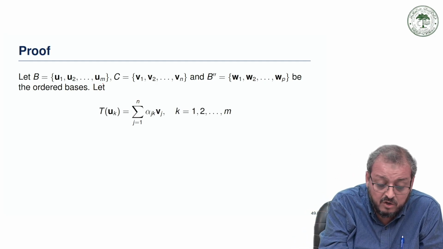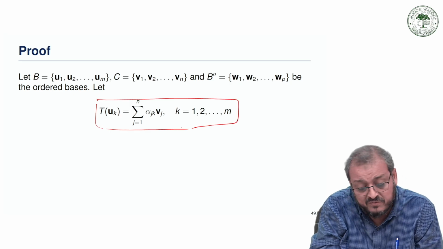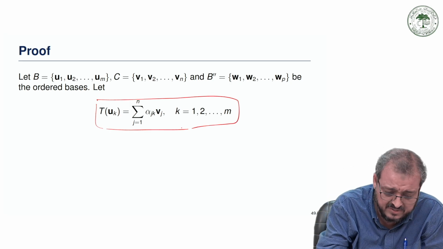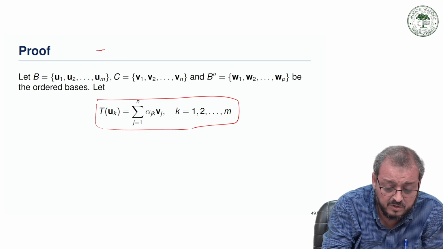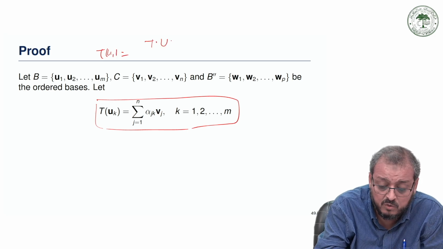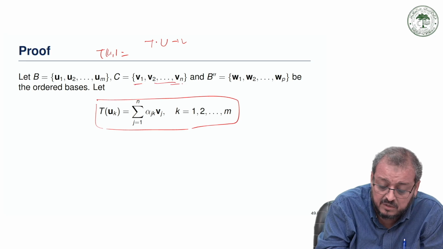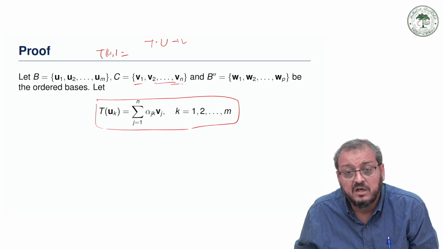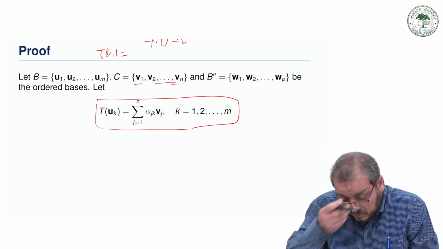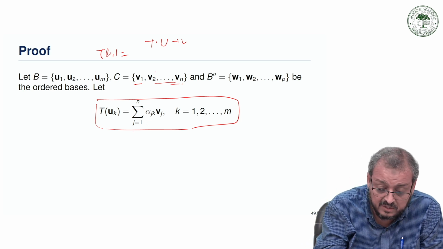Let T of uk be defined as previously. Because T goes from U to V, T of uk is written as a linear combination of the vectors v1, v2, ..., vn with scalars, so the sum over j running from 1 to n of alpha jk vj.